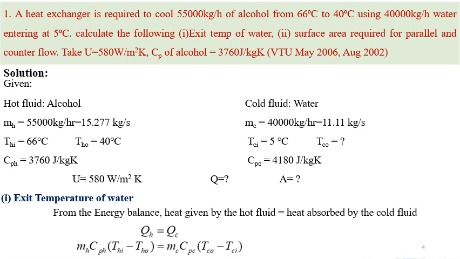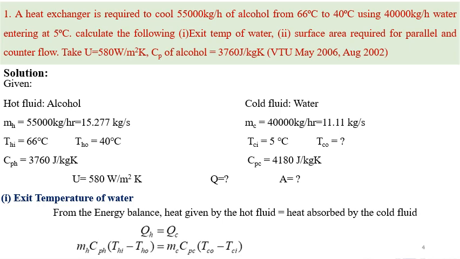Okay. Now what is the hot fluid m Cp delta T? mH CpH into (THI minus TH0) is equal to mC CpC into (TC0 minus TCI), where THI is the inlet temperature of hot fluid, TH0 is the outlet temperature of hot fluid, TC0 is the outlet temperature of cold fluid, and TCI is the inlet temperature of cold fluid.